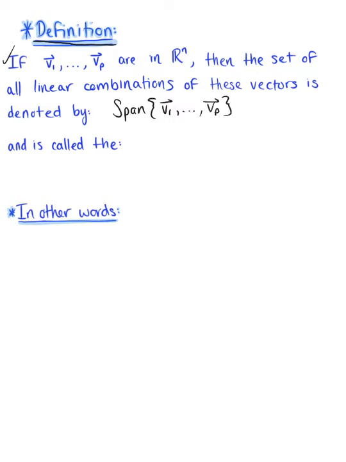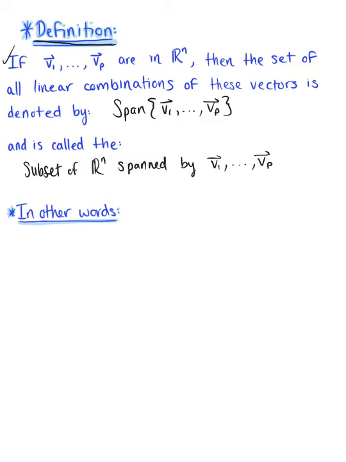And this is called the subset of Rn spanned or generated by the vectors v sub 1 through v sub p.